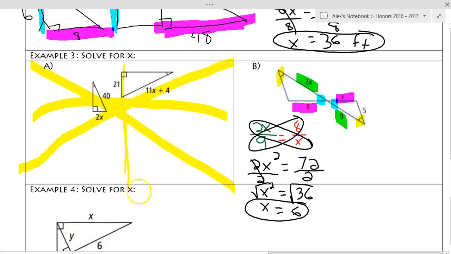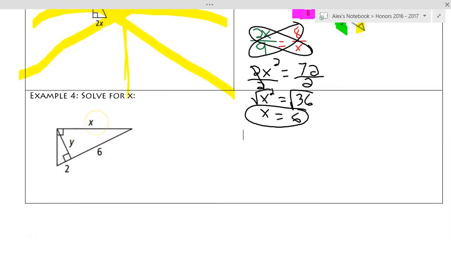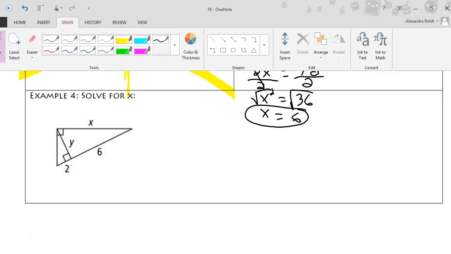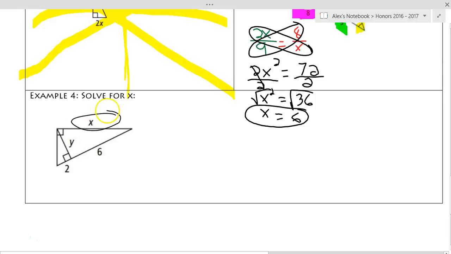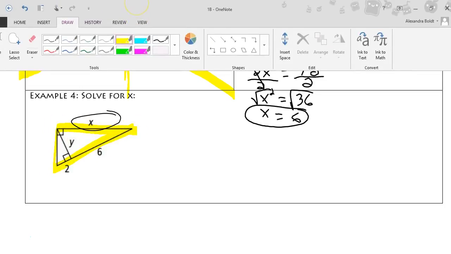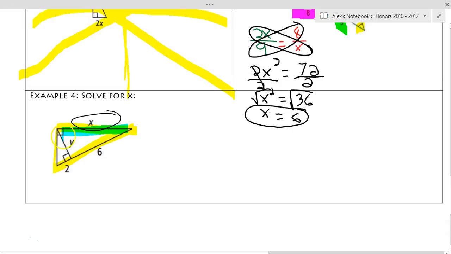All right, let's look at our last example, which has to do with the altitude to the hypotenuse. So we're solving for x. X is here. So let's look at what our triangles are. X is part of this big triangle. It is also part of this triangle. Okay.